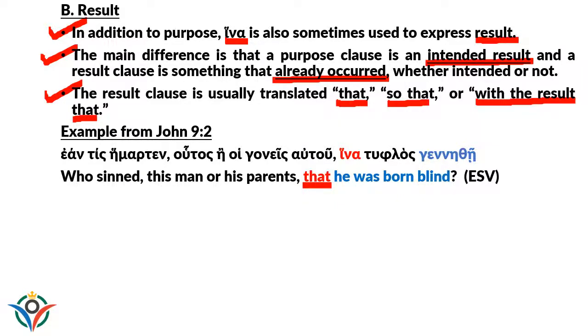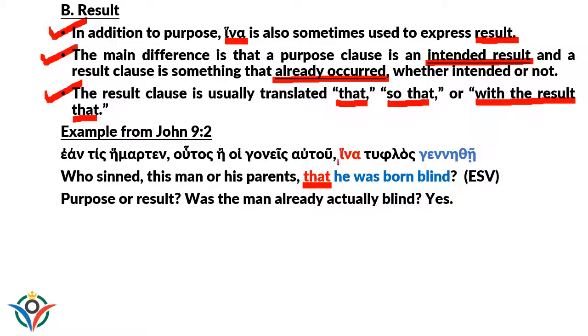So the question we have to ask ourselves regarding hina is, is John using it to convey purpose or result? A helpful second question to ask is, was the man already actually blind when the disciples asked Jesus, who sinned, this man or his parents? And the answer is yes, he was already actually blind. And because of that, hina in John 9 verse 2 is conveying result.